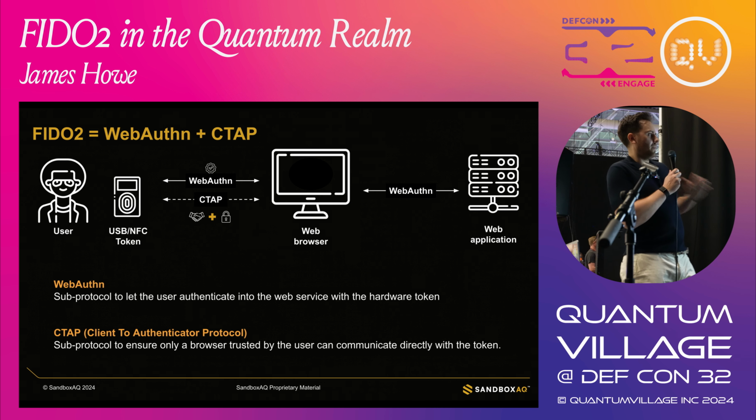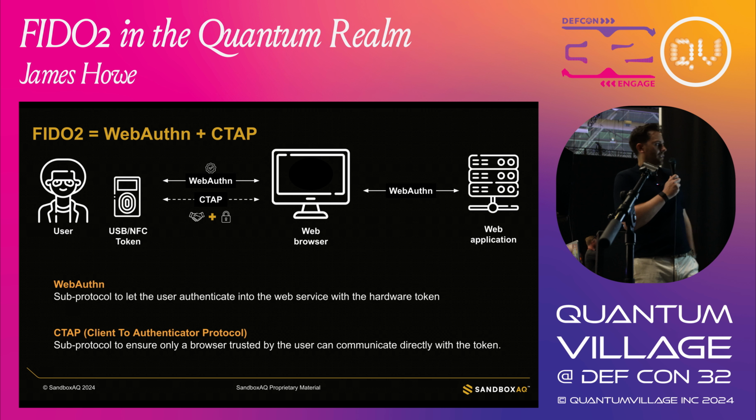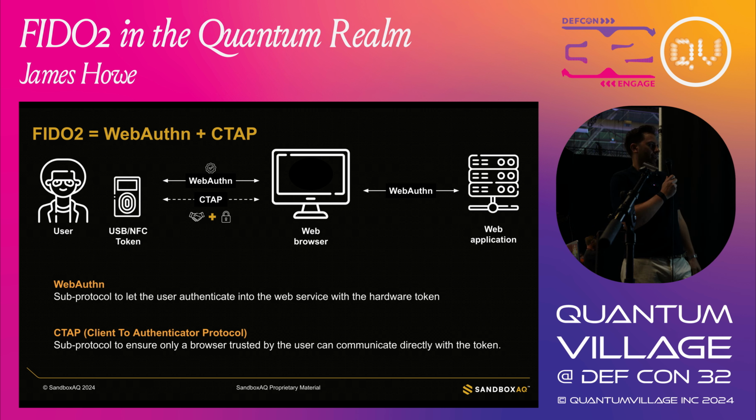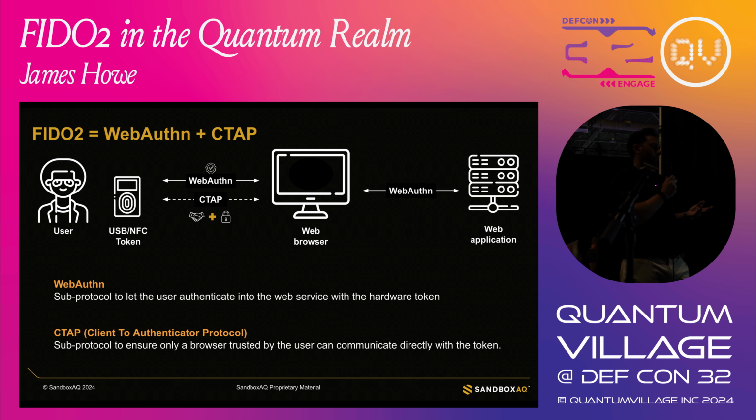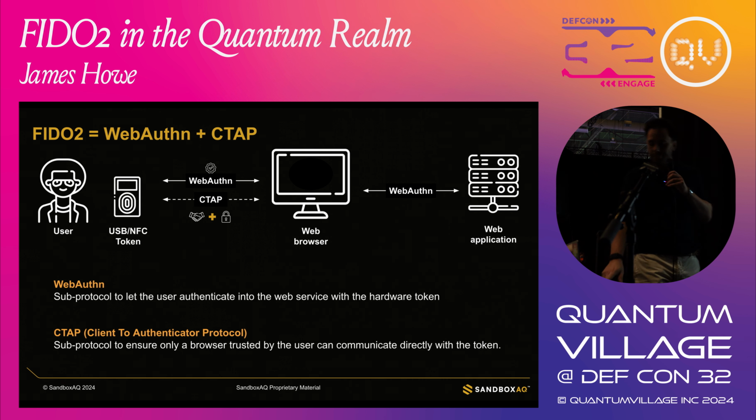As you can see in the connected arrows, these will use the WebAuthn or the CTAP protocols. WebAuthn effectively gives you the authentication with the web service using the hardware token, and CTAP makes sure the communications between your token and the web browser are encrypted and secure.